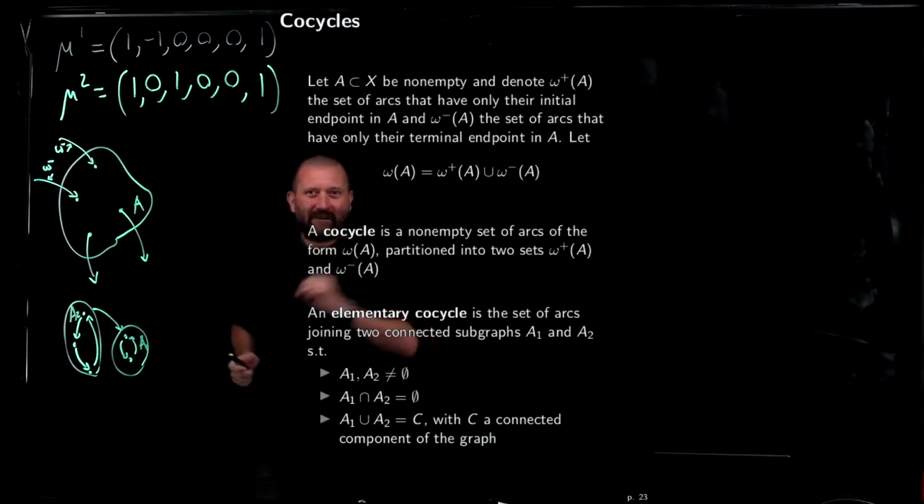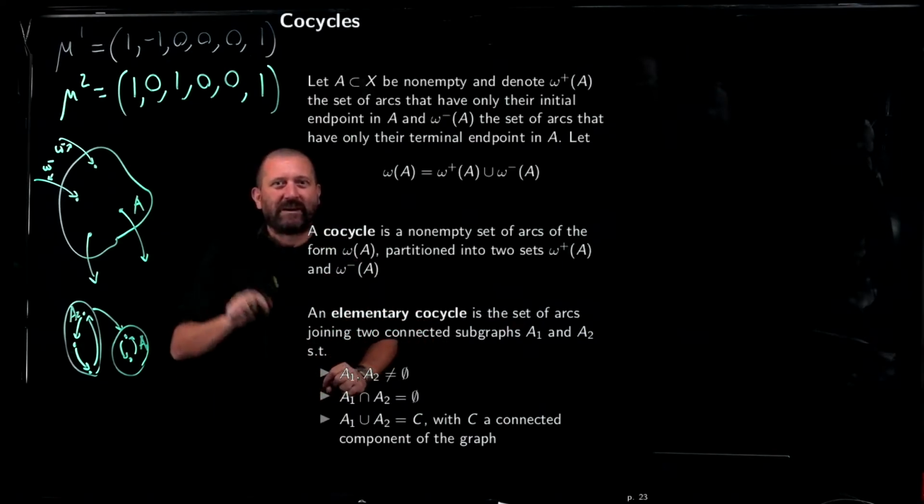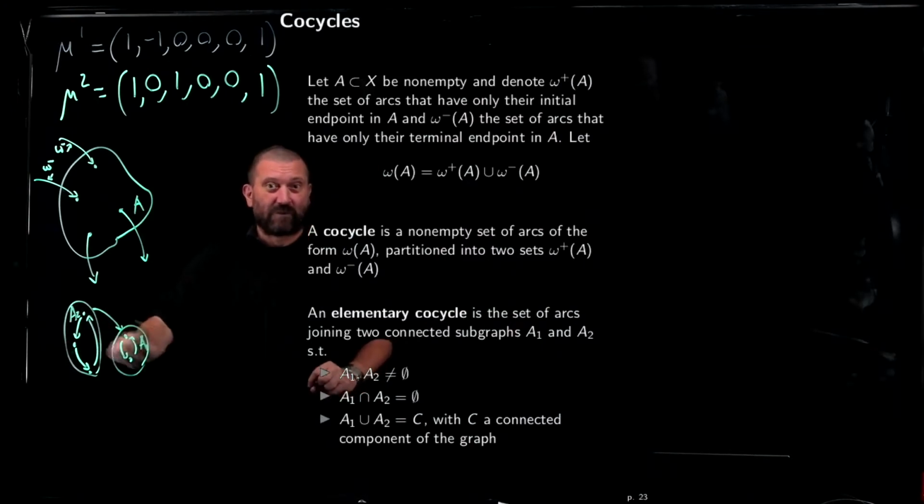And actually, an elementary cocycle would be a set of arcs joining two connected subgraphs. Both of those subgraphs are connected.